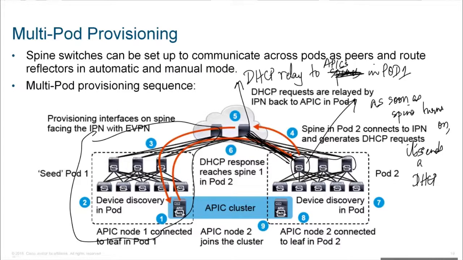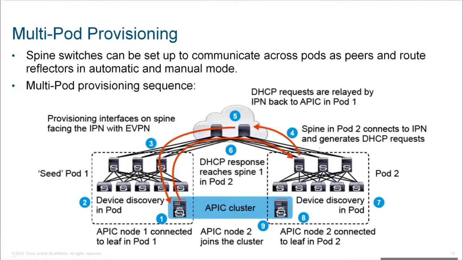So the spine turns on, sends a DHCP request. Okay, so that's what the step number 4 is showing you, sends a DHCP request. That request is being relayed back to my APIC right there.